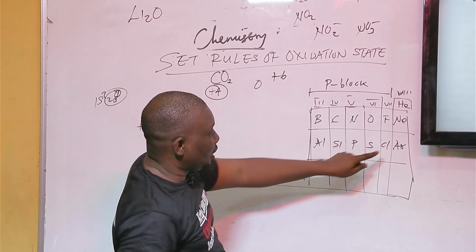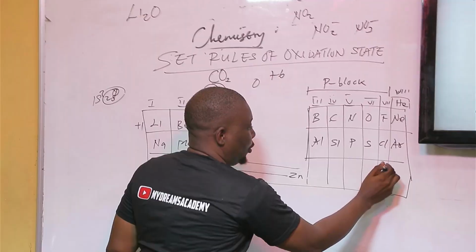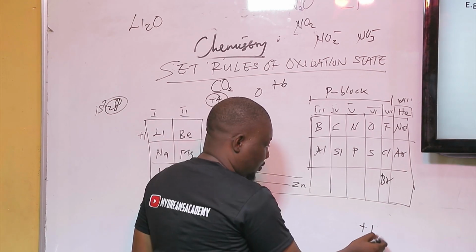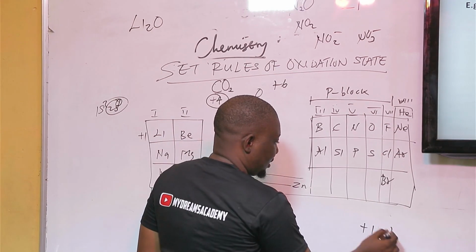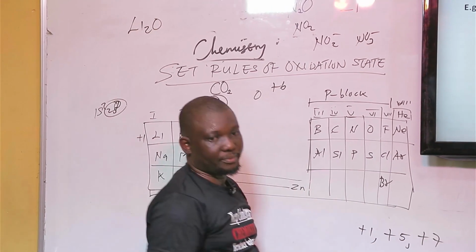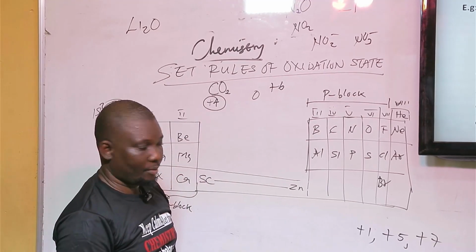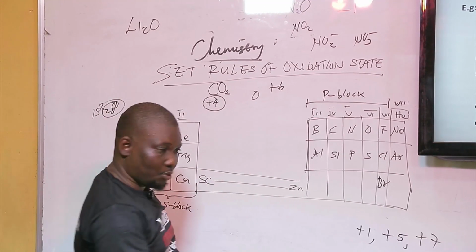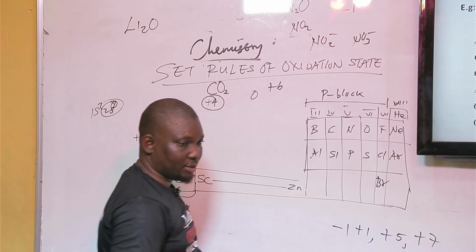But any other members like chlorine and bromine vary significantly. Chlorine can exist as plus 1, plus 5, and plus 7. And there is one more, minus 1. Don't forget about this.